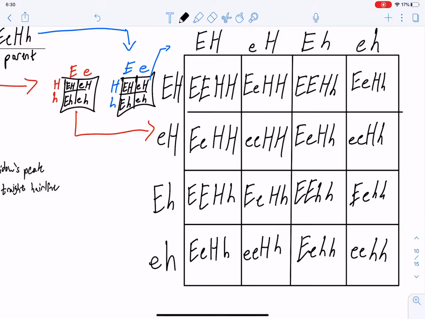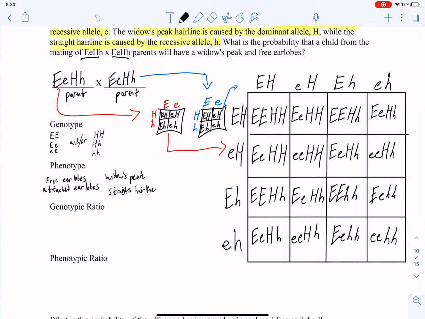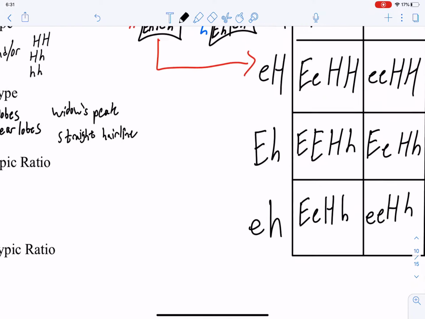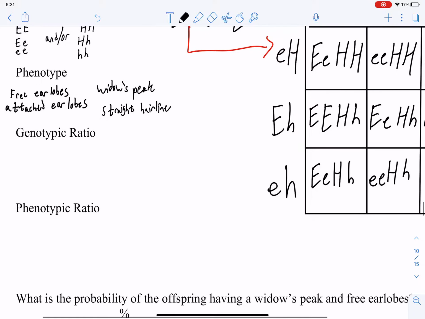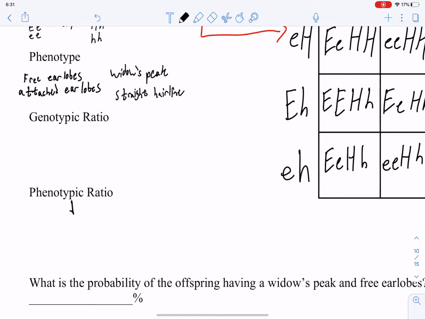Okay, so now that we're done with that, we can go ahead and start labeling our different ratios. We're also going to try to figure out the phenotypic ratio. How many are dominant for both earlobes as well as hair?